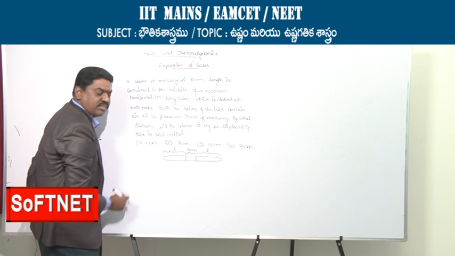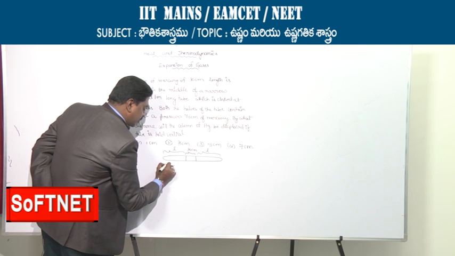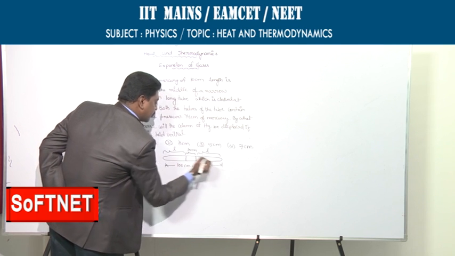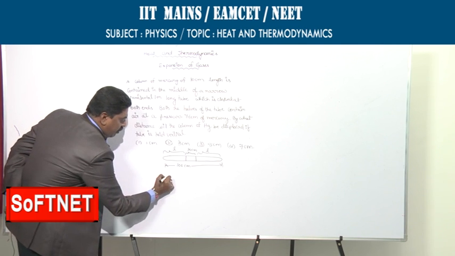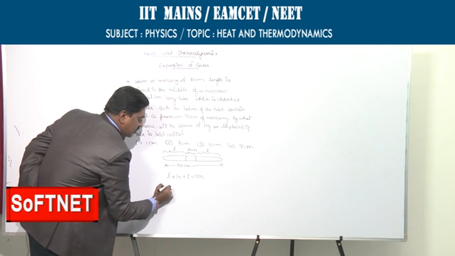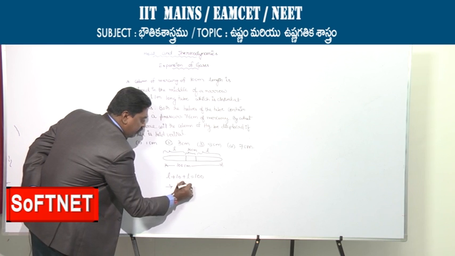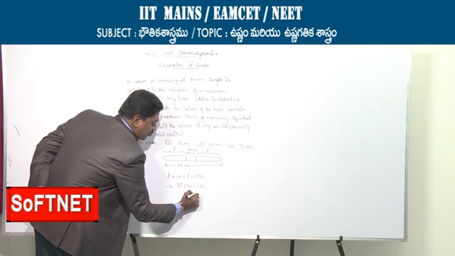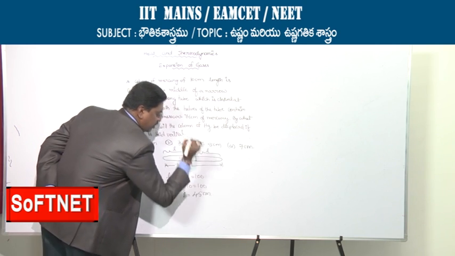Total length of tube is given as 100 centimeters. From the diagram, L plus 10 plus L equal to 100, implies 2L plus 10 equal to 100, L equals to 45 centimeters.